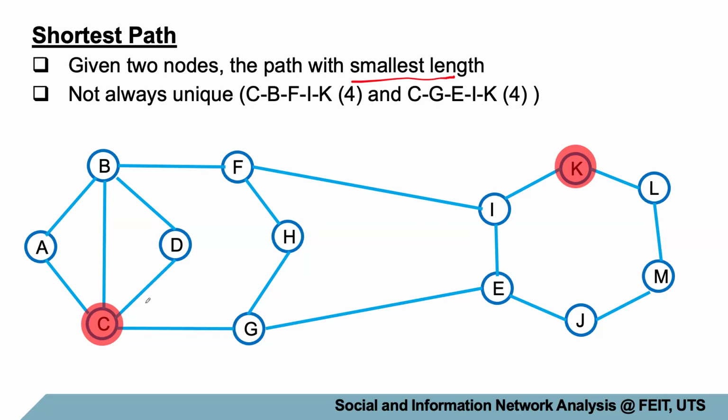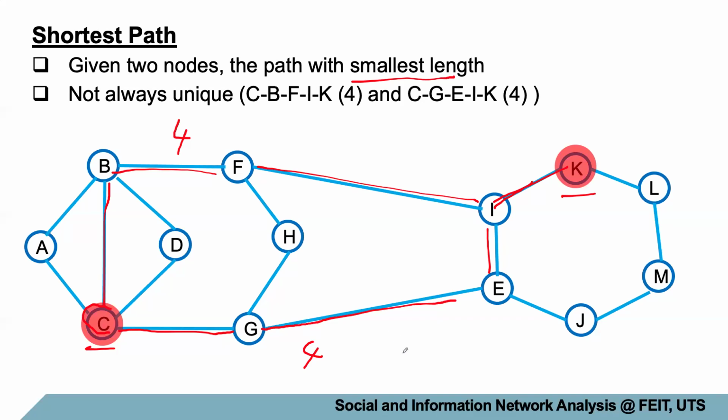For example, from vertex C to vertex K, one shortest path is C to B to F, F to I to K. This is length 4: 1, 2, 3, 4. But C to G to E to I to K is also 4. So the shortest path may not be unique.